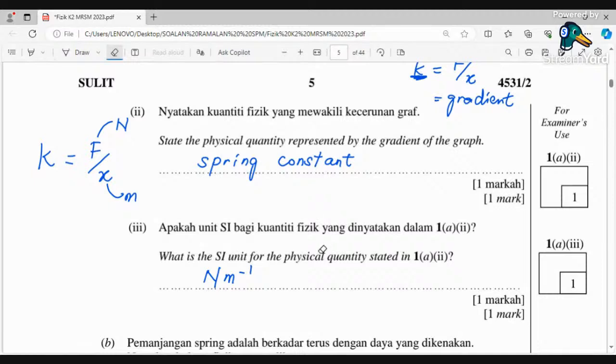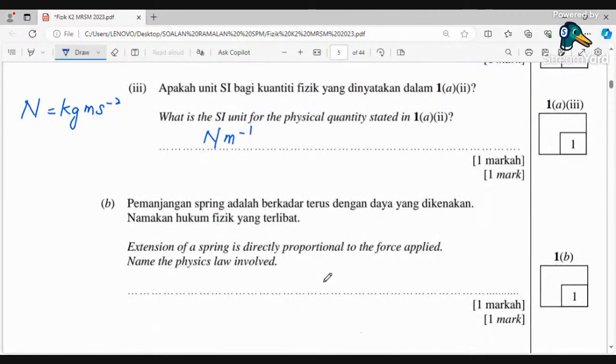Because Newton is the SI unit, Newton equals kg meter second to the power -2. Name the physics law involved. Of course, Hooke's law. Make sure the spelling is correct.